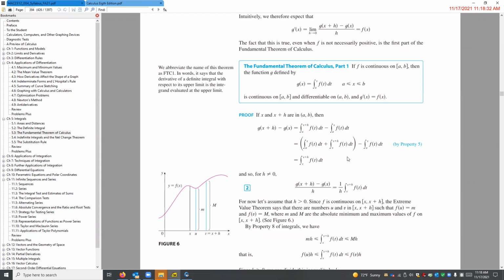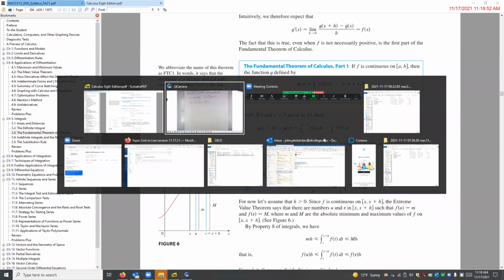What do they do? Well, they're doing it a little bit differently. So they're going to split up the integral from a to x plus h. Is that what we end up doing? X to x plus h is what they want to get. Oh, no, I see what they're doing. Yeah, okay, this is fine.